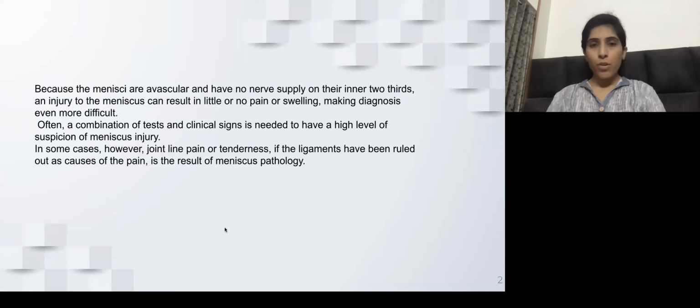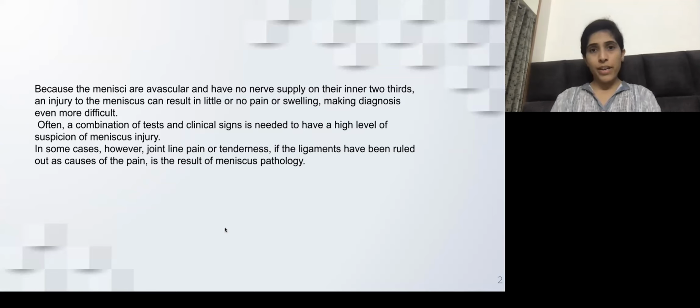As we all know, in the knee joint, both the articulating surfaces, that is the femur and tibia, are convex. So the articulating surfaces are very incongruent, which requires other structures to provide smooth motion as well as a concave area.